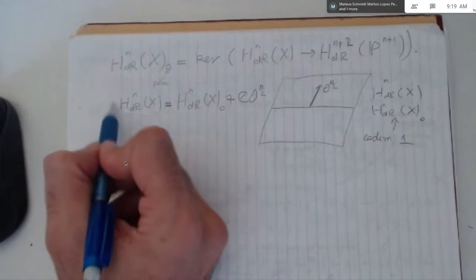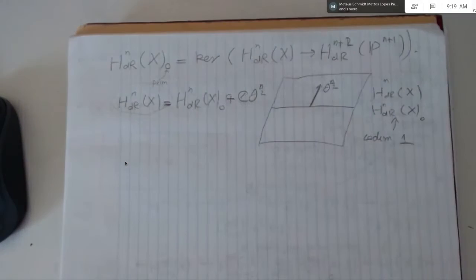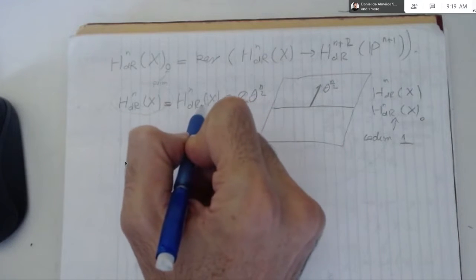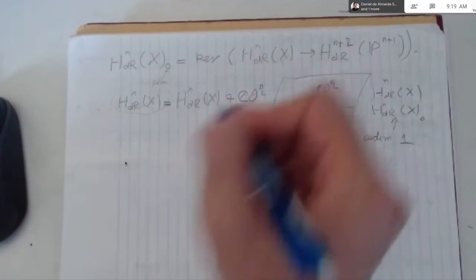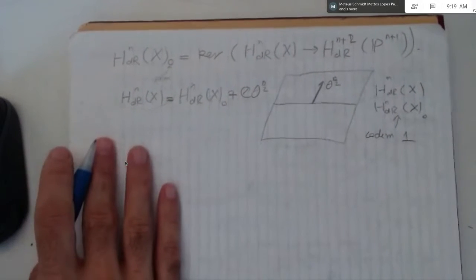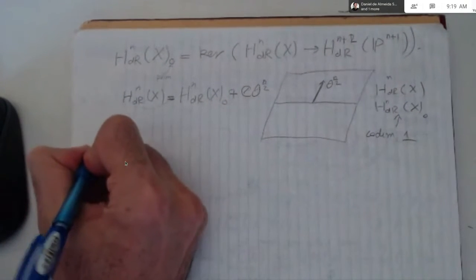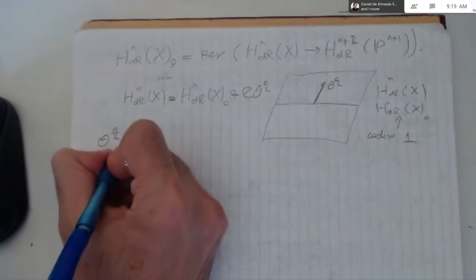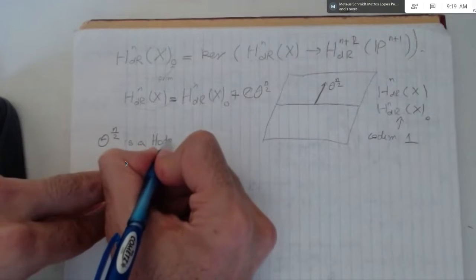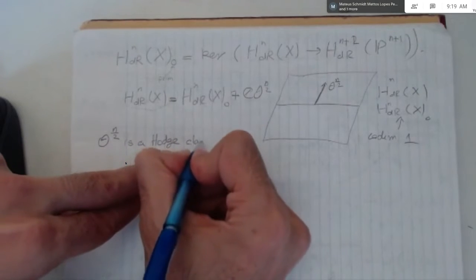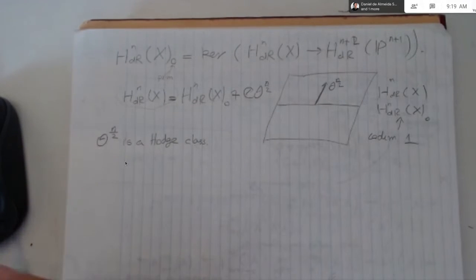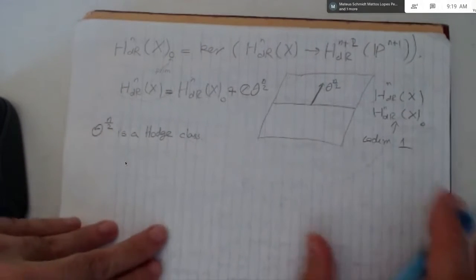Any element in cohomology is obtained as a sum of some primitive element plus this. And one important observation is that theta n half is a Hodge class. So if you are interested in Hodge cycles and Hodge classes, this is already a Hodge class.